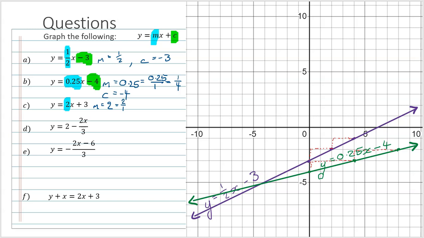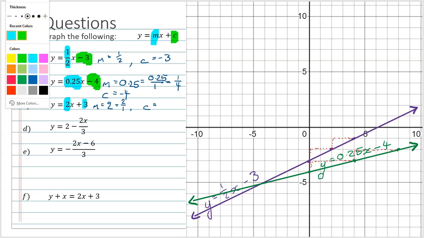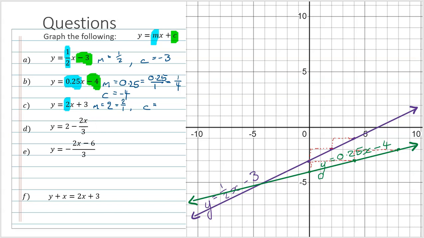And then the c is equal to positive 3. So I'm going to write c equals 3. Now to graph it, I'm going to look for y equals 3. So 1, 2, 3, right there.